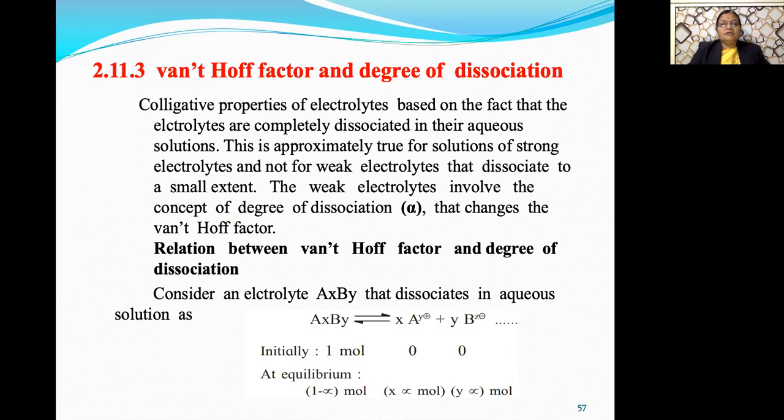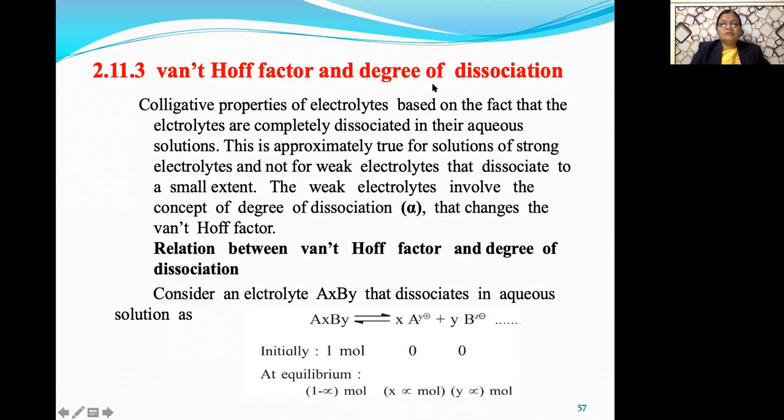Now, colligative properties of electrolytes are based on the fact that they are completely ionized in the solution. But this is true for strong electrolytes, and therefore in case of weak electrolytes, the concept of degree of dissociation is considered.